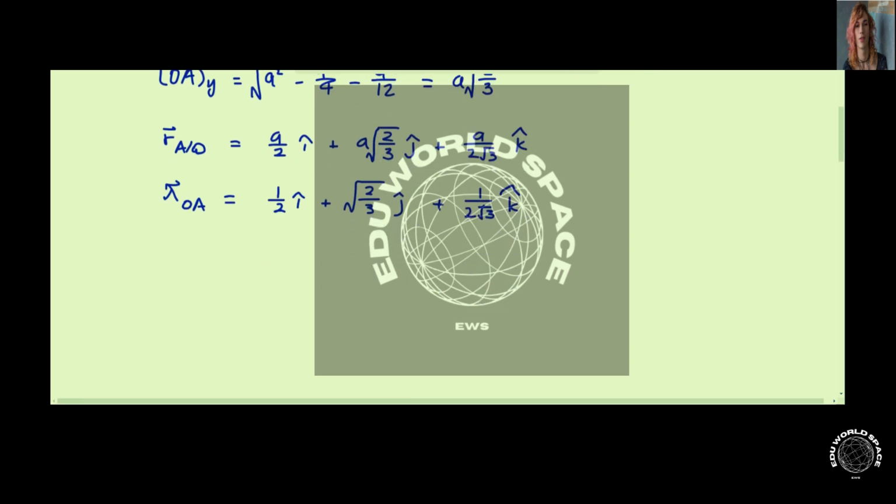Then the next thing is to find the vector P. First, you can write down the position vector of C relative to O, which is just A times I hat.